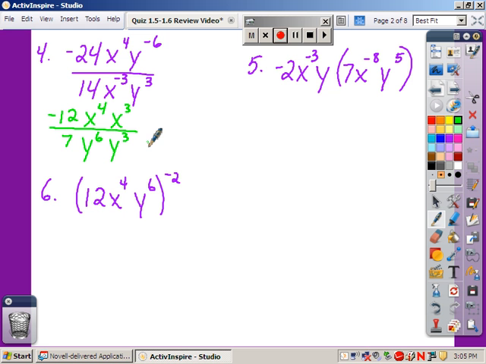So in one step, I've reduced the numbers and gotten the exponents to be all positive. And now, just like in that very first problem, this is x to the 4th times x to the 3rd. I'm just going to add them together. Exponents get added like this to the 7th here. On the bottom, I have 7y to the 9th. And that's the final answer.